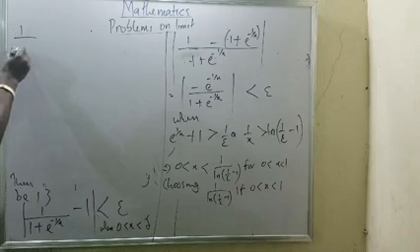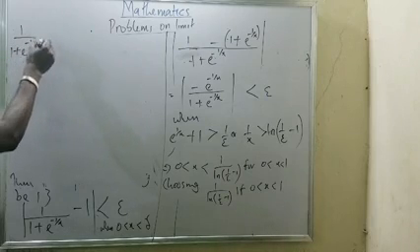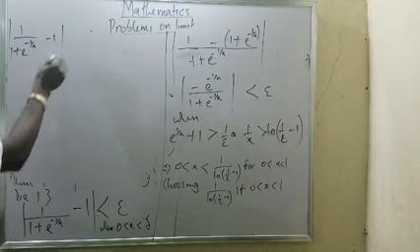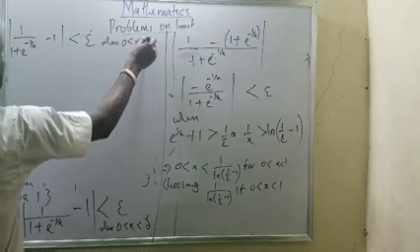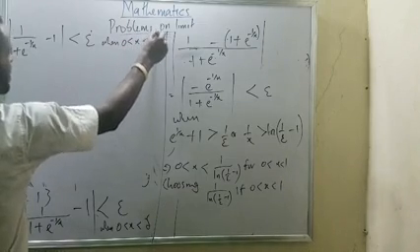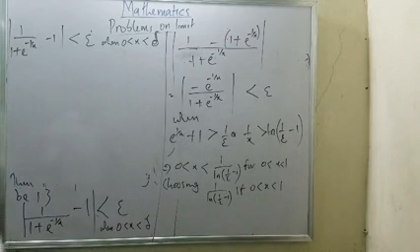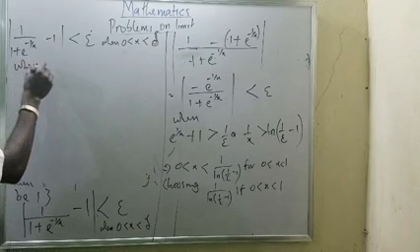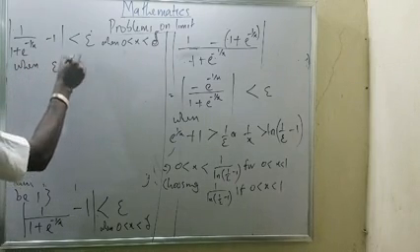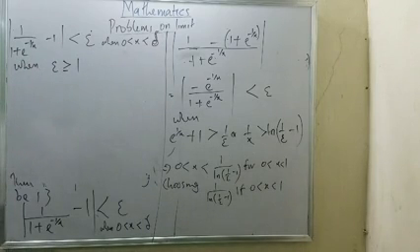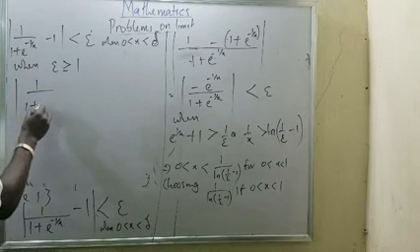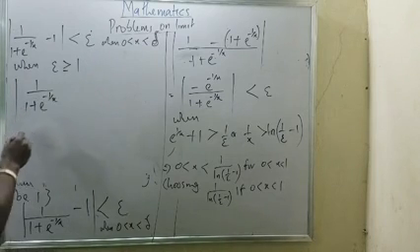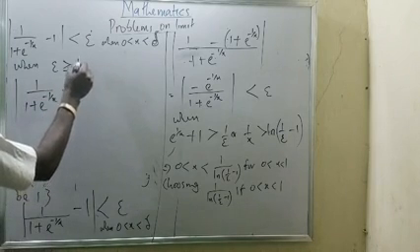I can now continue by going back to the original problem: the absolute value of 1 all over 1 plus e raised to power 1 over x, minus 1, is less than epsilon when 0 is less than x less than delta. I've told you the meaning of delta, which relates to epsilon. Now, when my epsilon is greater than or equal to 1, I have the absolute value of 1 all over 1 plus the exponential function, minus 1.